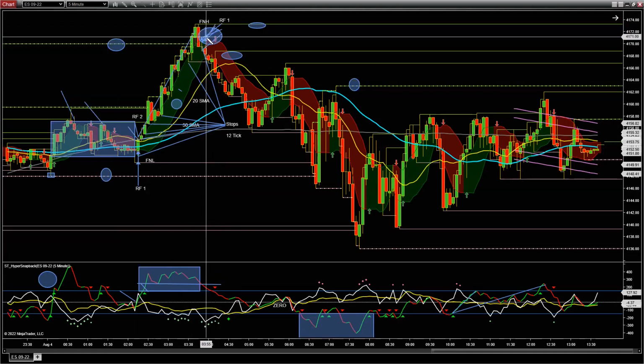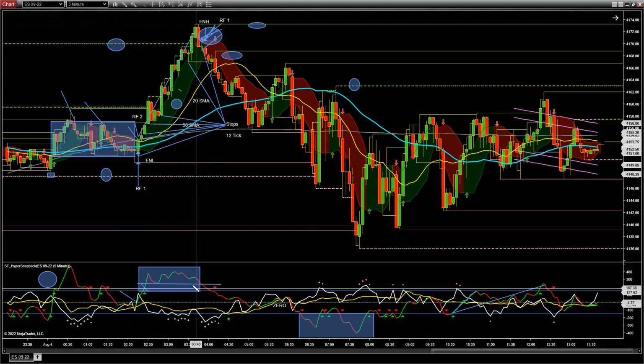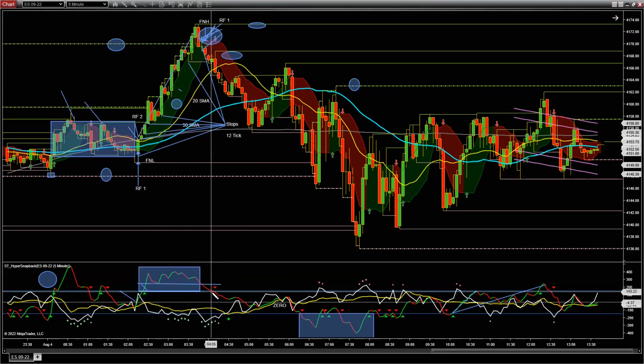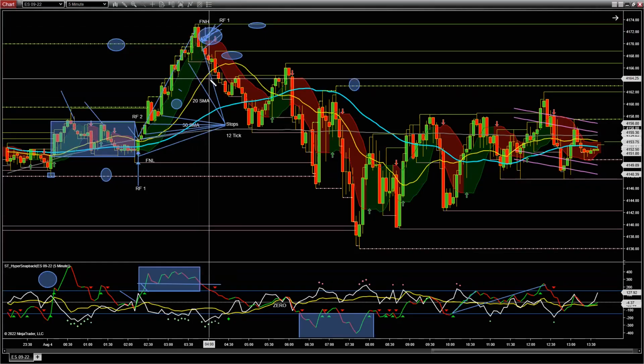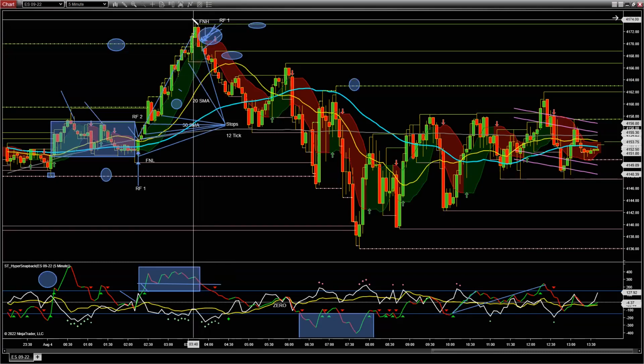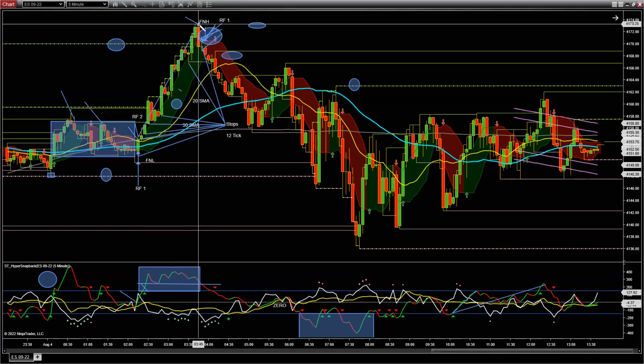This would be the second bar. And the reason you can risk that is because you do have some divergence here that is negative, and your stop will be on the next bar, which will be right here.